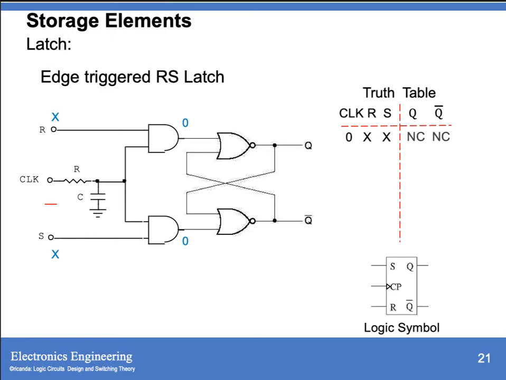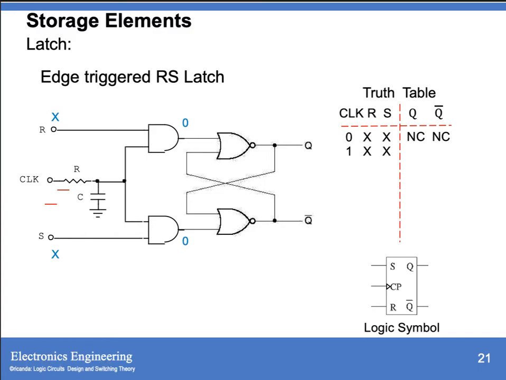So we have no change. If it is equivalent to 1, and either R is 0 or 1 and S is 0 or 1, you will generate an output of your 2 AND gates equal to 0.